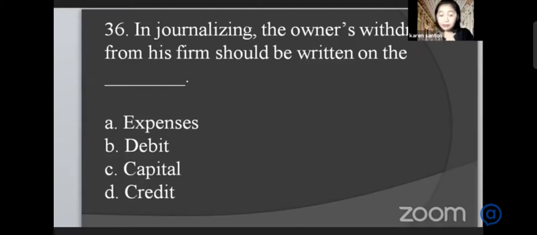B. Debit. C. Capital. D. Credit. Okay, so what is the correct answer?